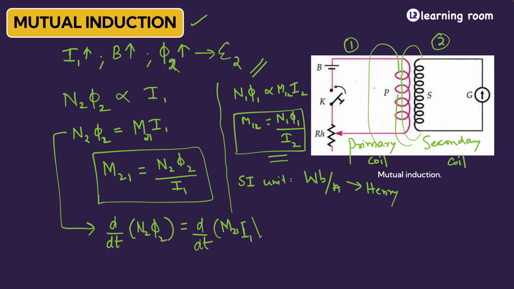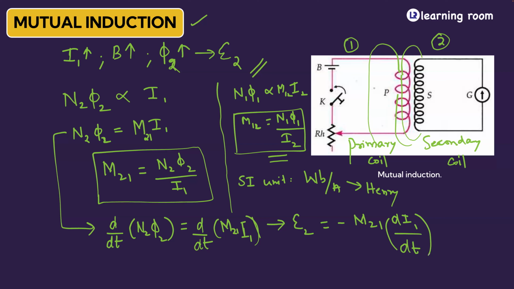Am I right? The rate of change of flux in the second coil with respect to time gives the EMF induced in the second coil, but we know that dφ by dt is negative of E. So I'll write it as minus M21 into dI1 divided by dt. So E2 is equal to minus M21 into dI1 divided by dt.